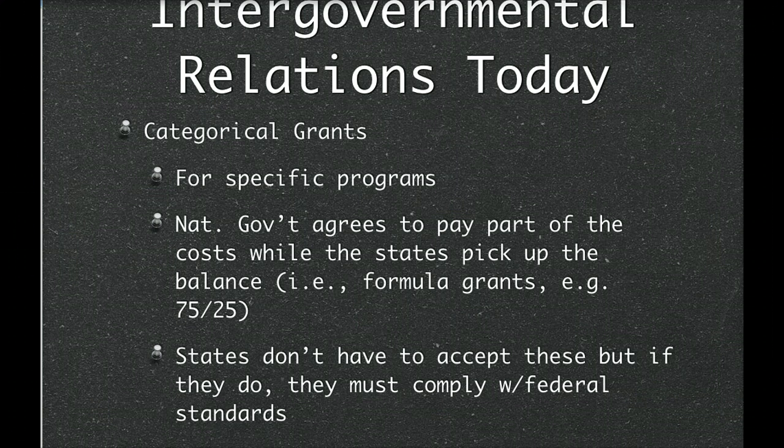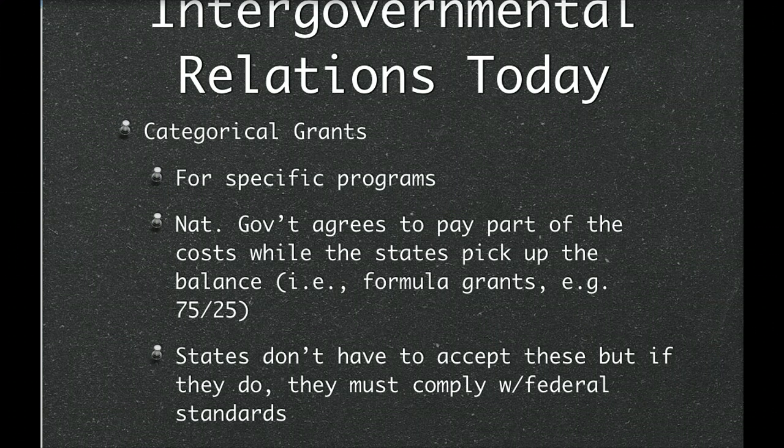And so the matching funds for these categorical grants can vary widely per state and for whatever the federal government is interjecting money into. Now there are hundreds of categorical grants, but a few, including Medicare and aid to families with dependent children. I grew up with AFDC.